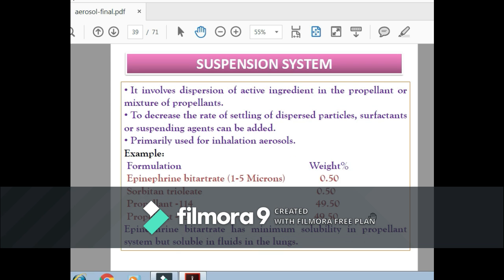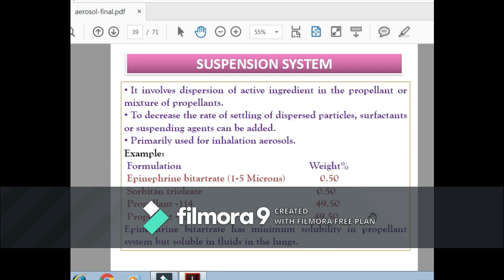Now the suspension system. In case of the suspension system, there is a dispersion of the active ingredient into the propellant or the mixture of propellants. Suppose we are dispersing your drug as a suspension, so we can directly disperse your drug into the propellant, and the size of that drug is very small, generally 1 to 5 microns.